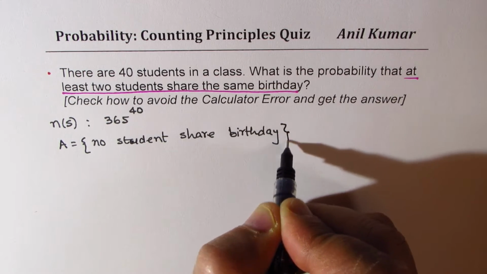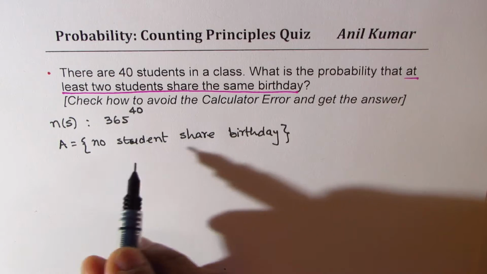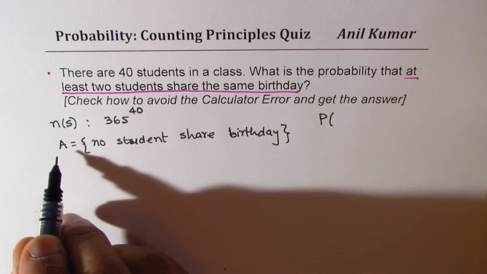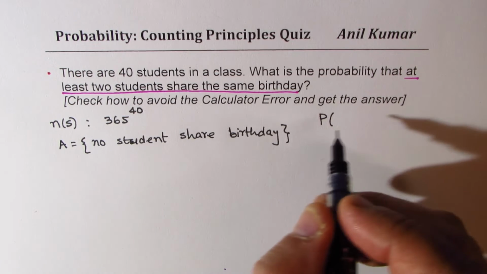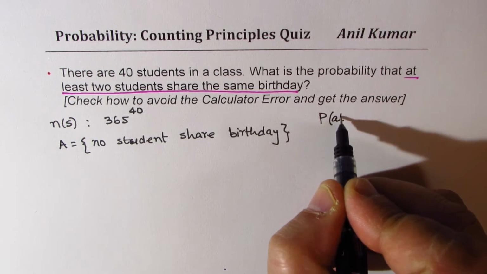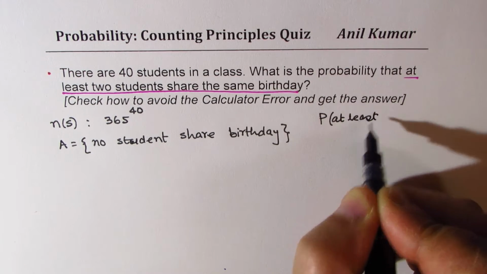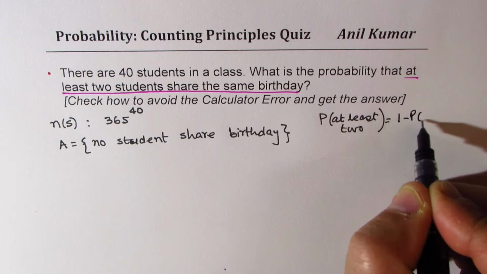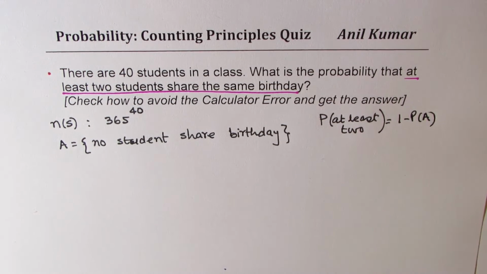Correct. So we'll do that, and then we know our answer for at least 2 students sharing will be 1 minus probability of A, right? So that's the whole idea.